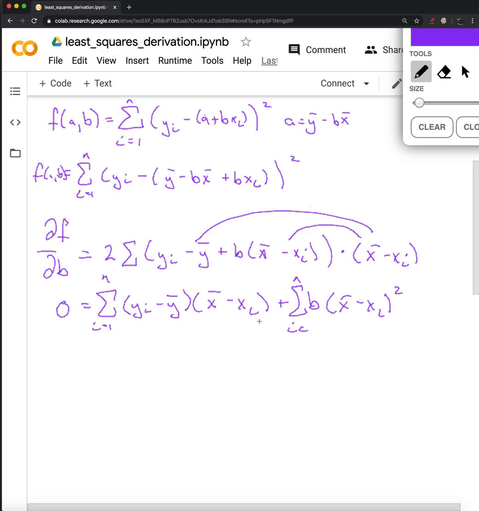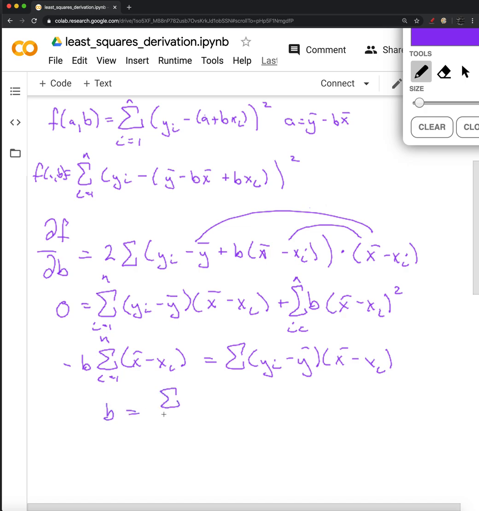If I move the b over, I'll have negative b times the sum 1 to n of x bar minus xi equals the sum of yi minus y bar times x bar minus xi. Divide through by this sum and that negative 1, and we find b.